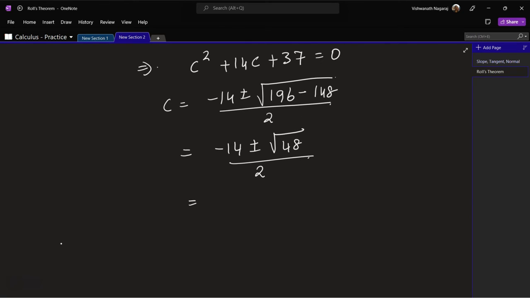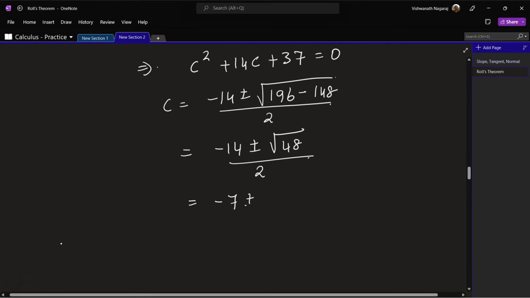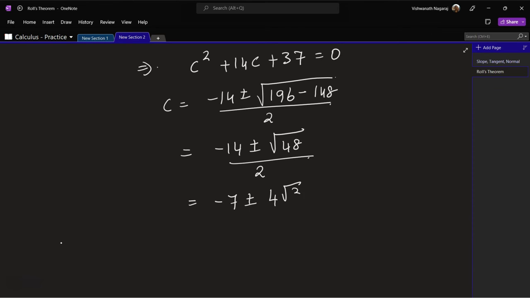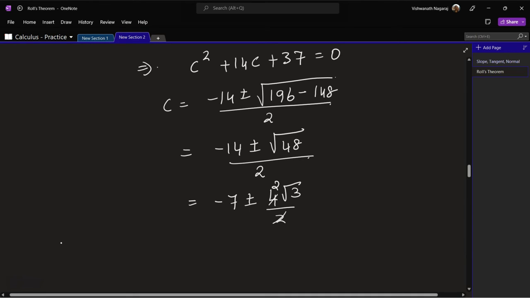Now if we split it, we get minus 7 plus or minus, now 48 is 16 times 3. Square root of 16 is 4, so 4 root 3 by 2. So 2 2's, which gives us minus 7 plus or minus 2 root 3.